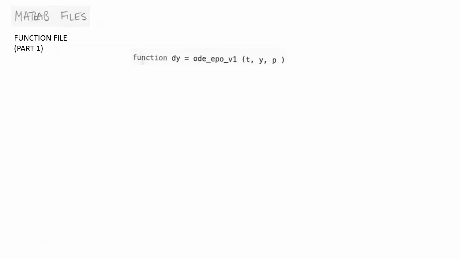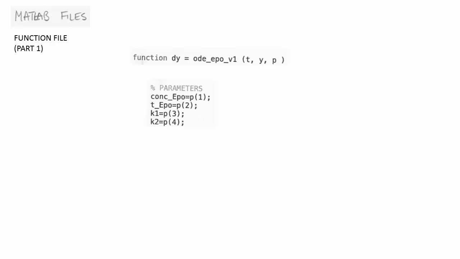Okay, so we've got our equations for the different rates. Let's code those up. So we start off by defining our function file. I've called my function ODE EPO version 1, and the inputs to that are the current time, the current concentrations of all the species involved, and then a parameters object.